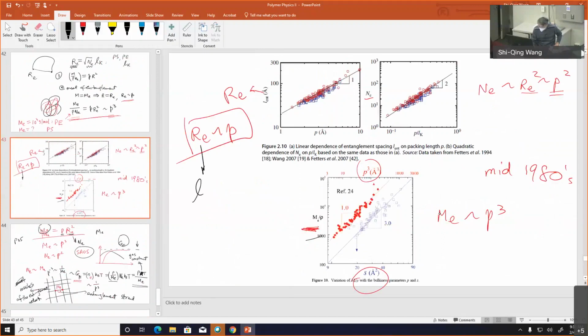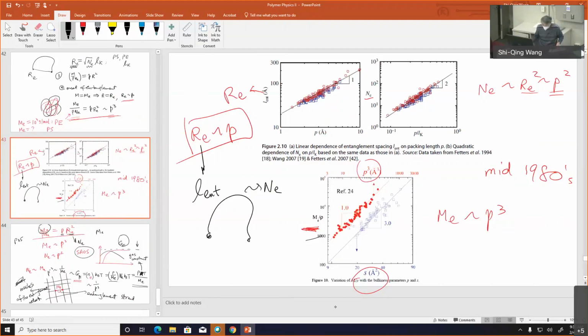In the book, we call this L. And T stands for entanglement. And distance for a chain that is of the length of N. So let's keep making sure we have the same symbols.